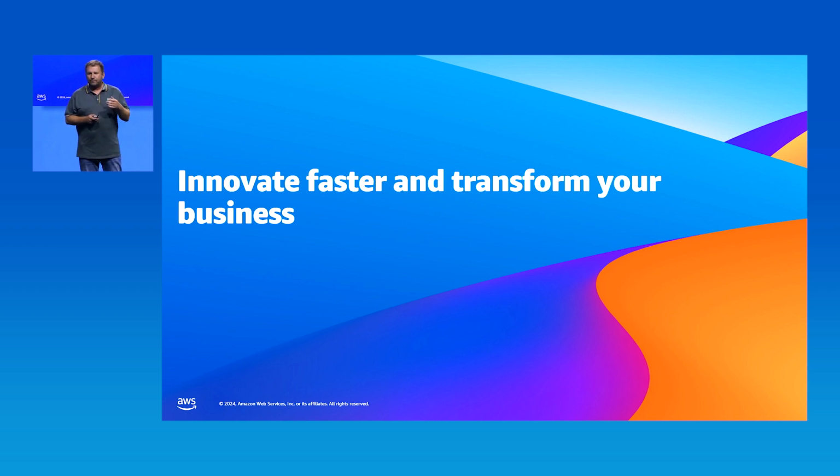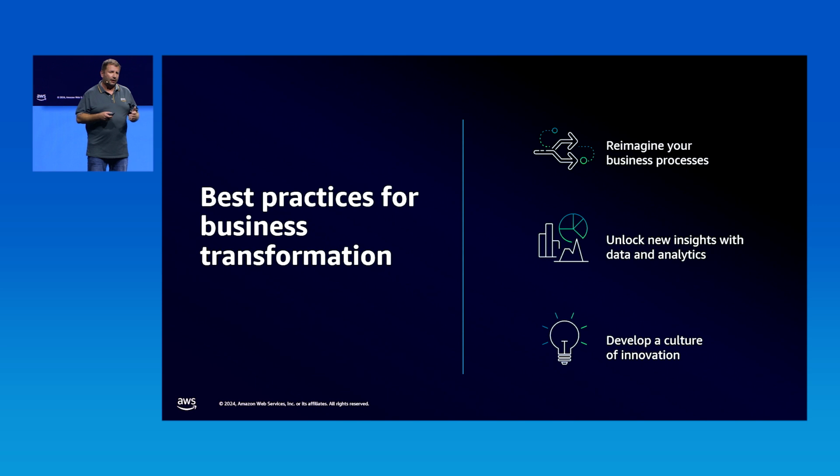AWS and SAP have several hundred services we offer together, and that helps you to transform the business. We got information from customers, they shared with us 3 focus topics on how they were able to transform the business. And I want to just share 3 with you today.